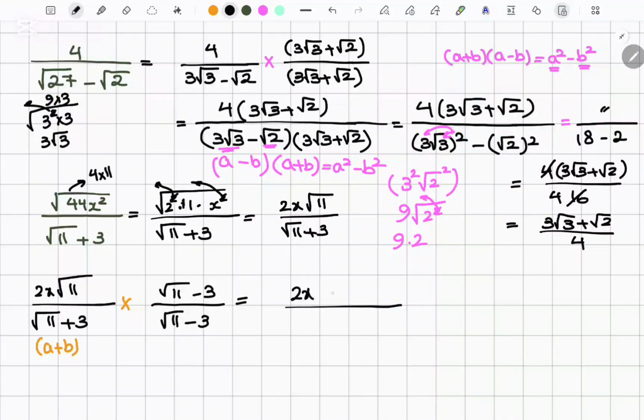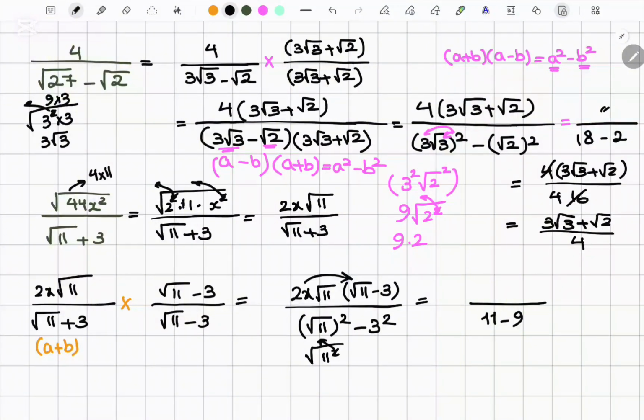So it's 2x radical 11 times radical 11 minus 3, over radical 11 to the power of 2 minus 3 to the power of 2, okay? So radical 11 to the power of 2 is going to pay and come out, so it's going to be 11. 3 to the power of 2 is going to be 9.